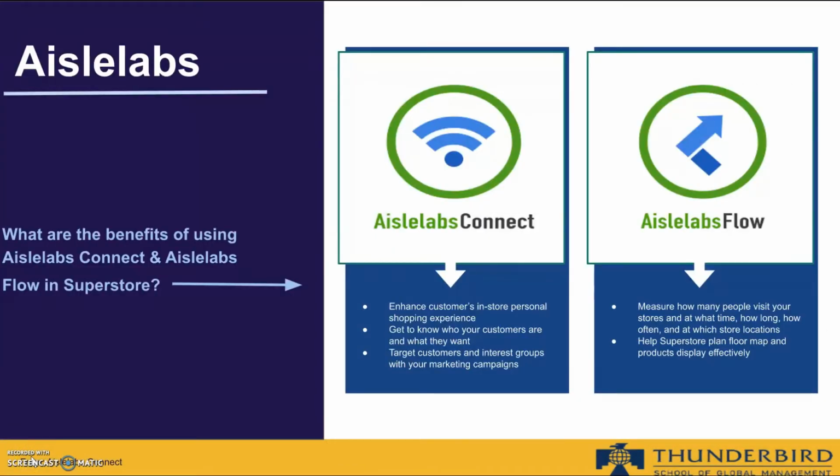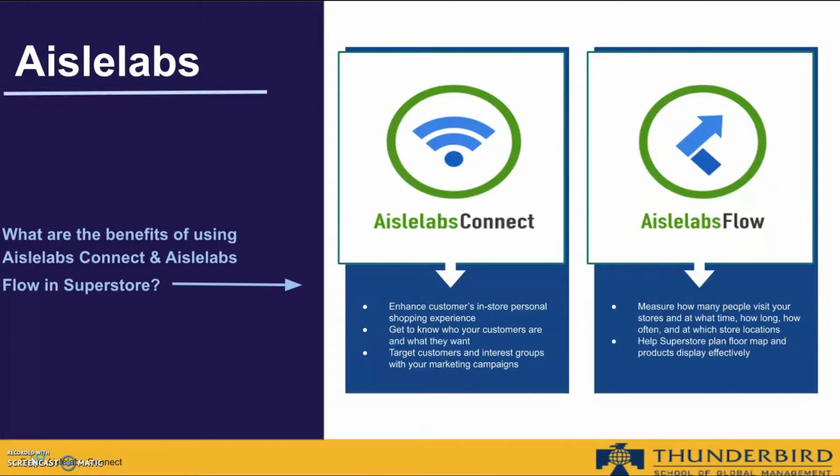Superstore should use iOLAP to increase sales through the power of big data analytics. How does iOLAP Connect and iOLAP Flow work? When customers enter the store, they join guest Wi-Fi by signing up their email address or choose to sign up their social media account.